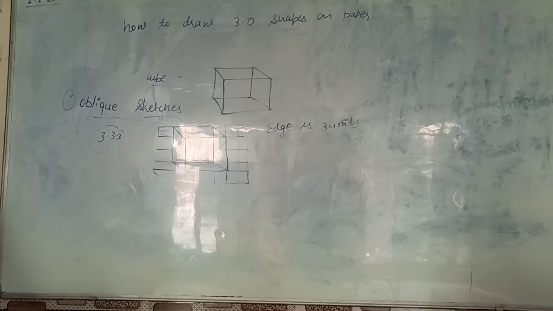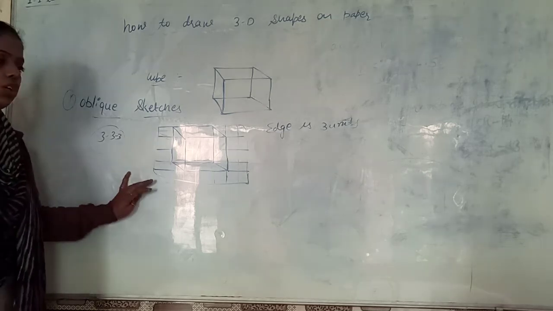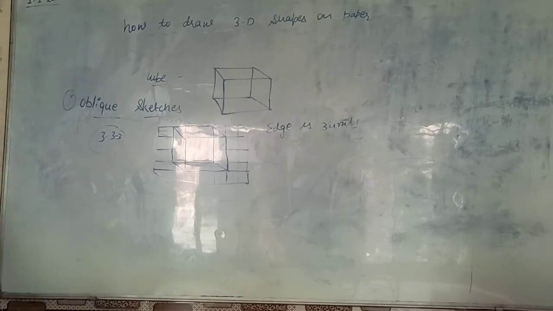An oblique sketch conveys all the important aspects of the appearance of a solid shape even without having proportional length. In this sketch it is very easy to draw. Here as I drew the cube, same like that with different edges you can draw the cuboid also, right? So that is oblique sketches.